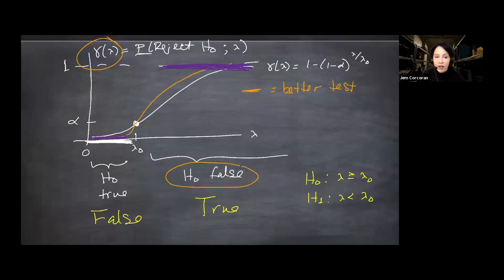So we're going to go for the all-time best test. And it's entirely possible that you can make two tests that you can't compare directly, just like we talked about two estimators with variances that are not comparable. You can't say that one is smaller than the other for all theta.